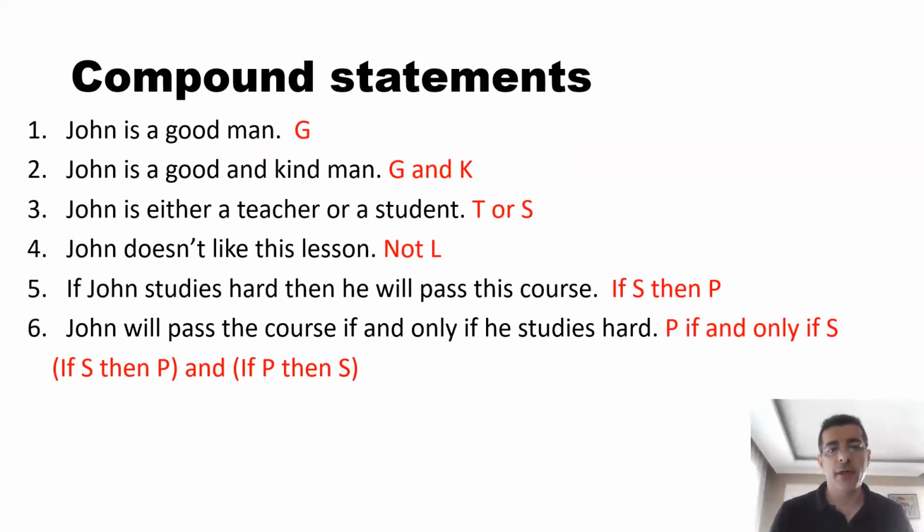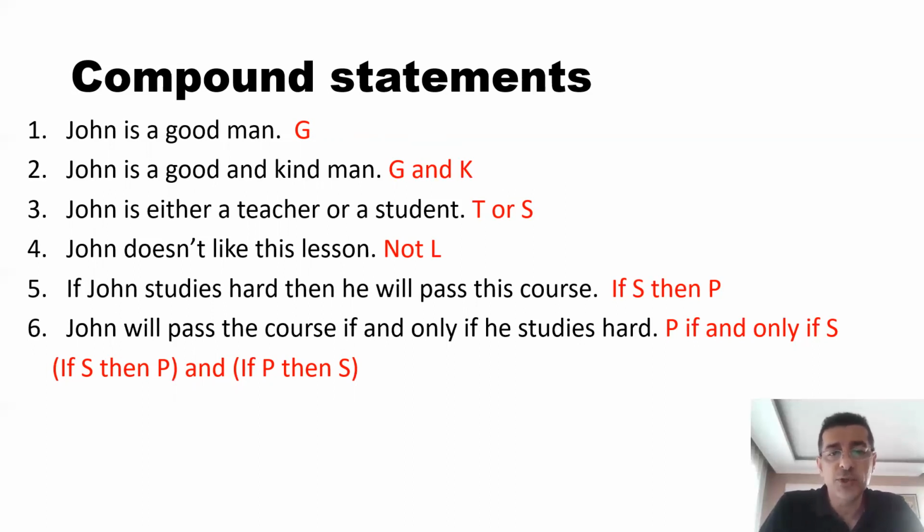Okay, now here we have the response, the key to the compound sentences we have. The first one was John is a good man, and we used the letter G for that. The second one, John is a good and kind man. Maybe some of you did not write two letters for them, just wrote one.